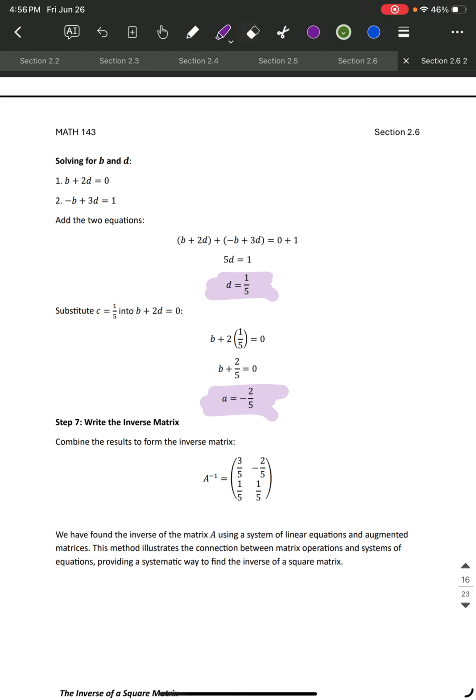Here we have B. This should be B, right? Finally, the A inverse is here.